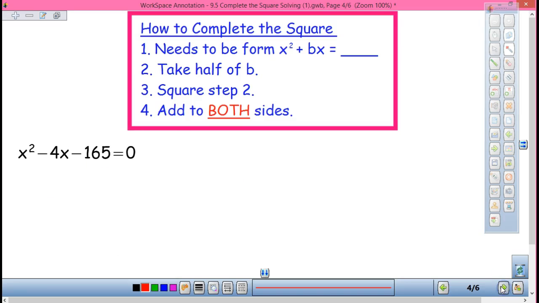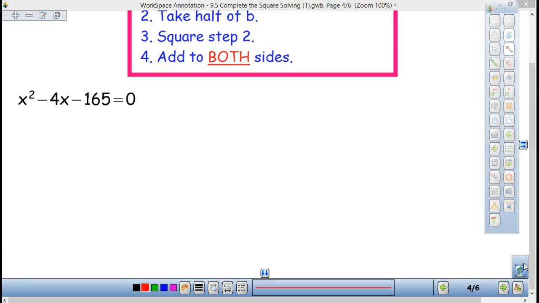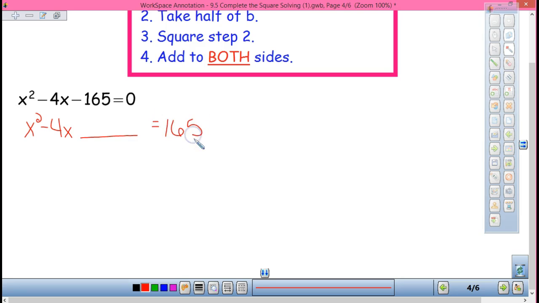Alright, let's do x squared minus 4x minus 165 equals 0. Step 1. Move the 165 over. So x squared minus 4x equals 165.